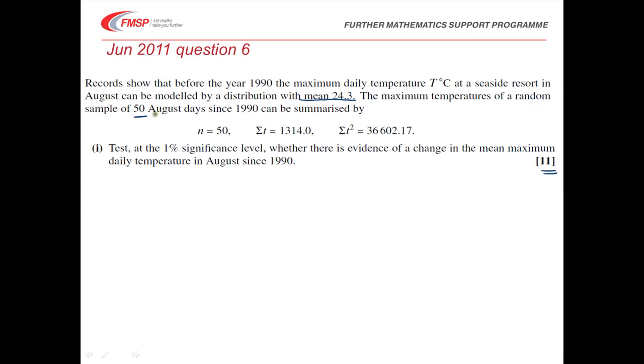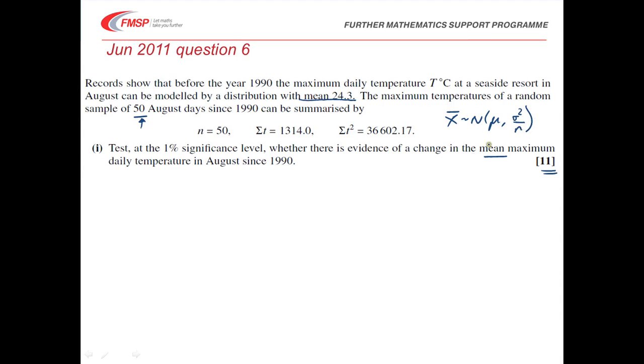So, because we've got a large sample size, 50 is regarded as a large sample size, we can actually use something called the central limit theorem to deal with the mean. Okay, so the central limit theorem states basically that as long as your sample size is large enough, it doesn't matter what your initial distribution is, the means can be modelled as a normal distribution of mu, sigma squared over n.